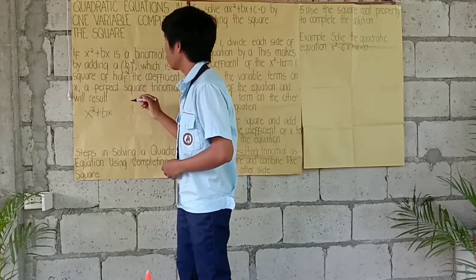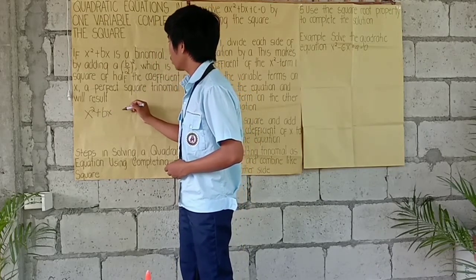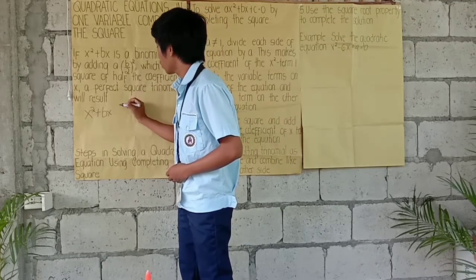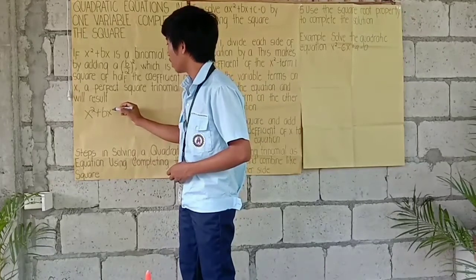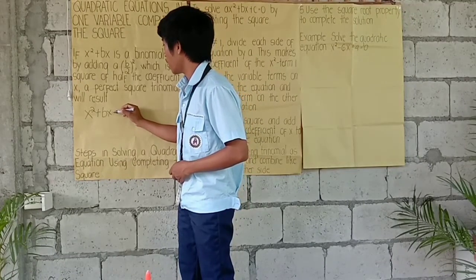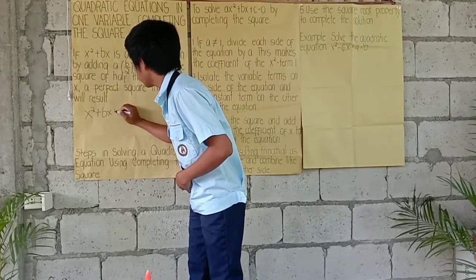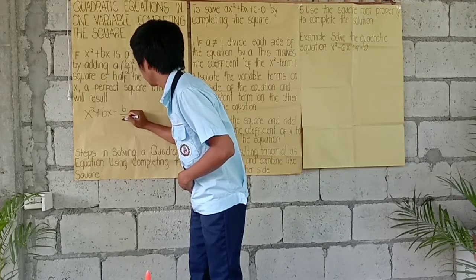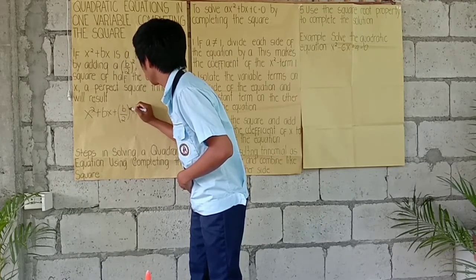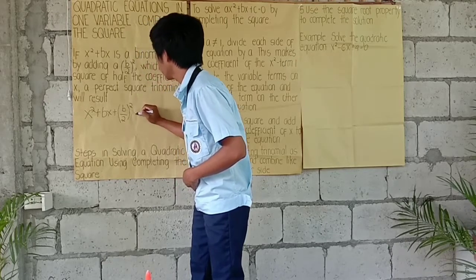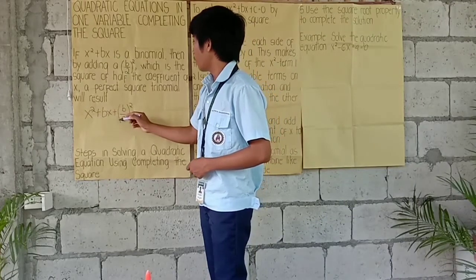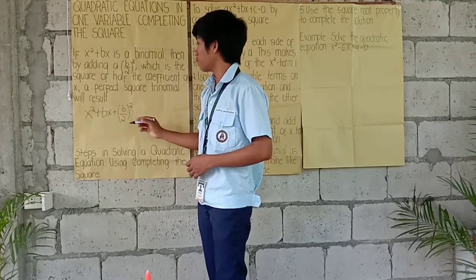So magiging (b over 2) quantity squared. So i-add natin dito sa x squared plus bx plus (b over 2) quantity squared. Then, ipa-factor out naman natin itong perfect square trinomial natin.